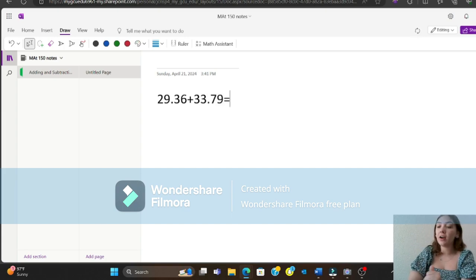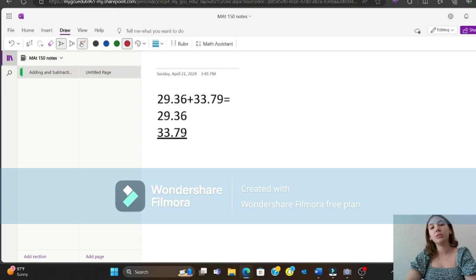Now, it is very important to remember when we're adding and subtracting decimals, we need to line up our decimals. So we're going to go ahead and rewrite that horizontal problem and make it vertical. So 29.36 plus 33.79. And now we can go ahead and solve this problem.